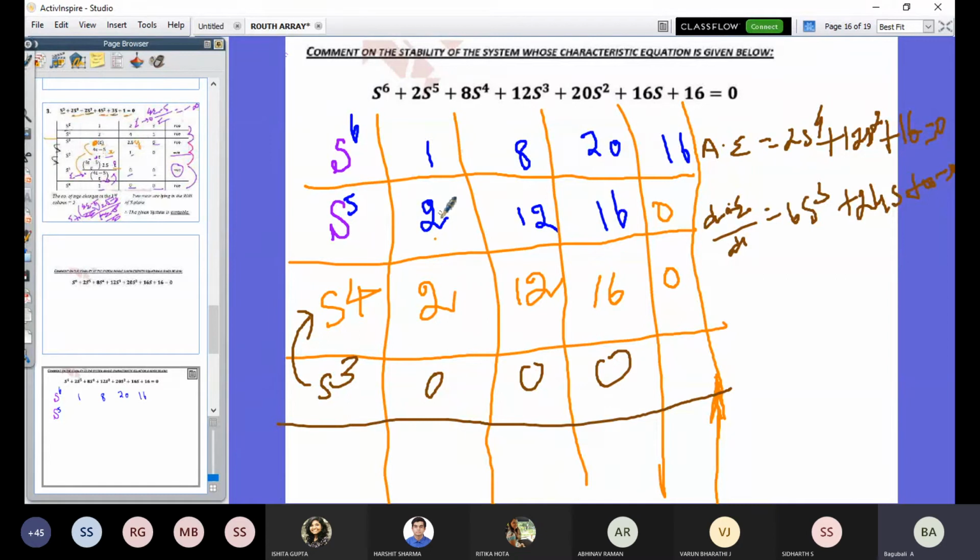S power 5, how can we write? S power 5, s cube and s. S power 4, how to write? S power 4, s square and constant. So 2s power 4 plus 12s square plus 16 equal to 0. That's what I have written. Are you able to understand?